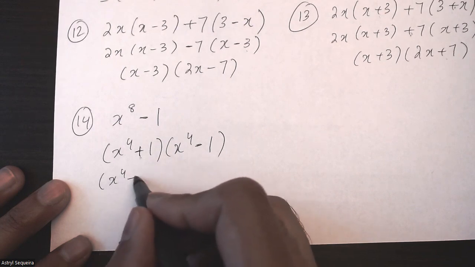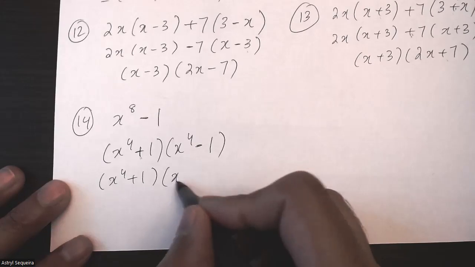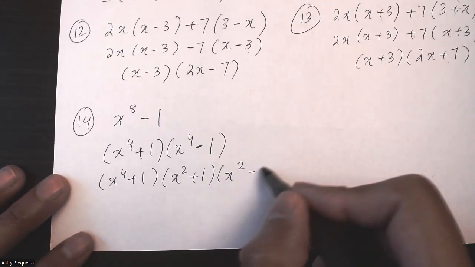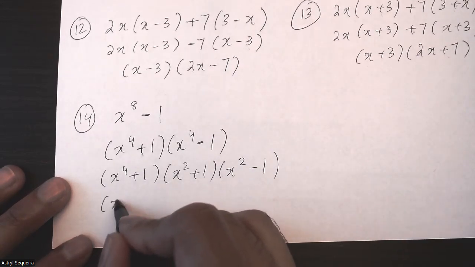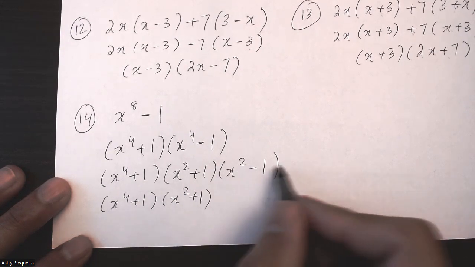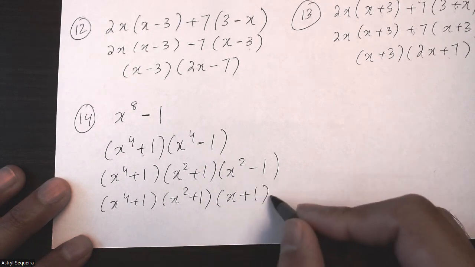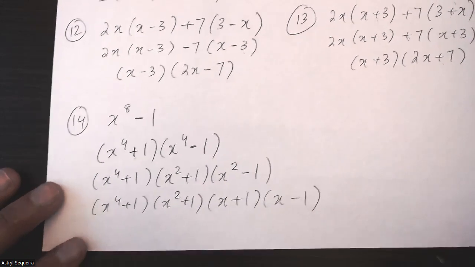So we'll write this the same. This one can be factored again by difference of squares, just x squared plus 1 times x squared minus 1. Looking at this again, the first 2 brackets cannot be factored, so I'll write them the exact same, but this can be factored by difference of squares again. It's just x plus 1 times x minus 1.